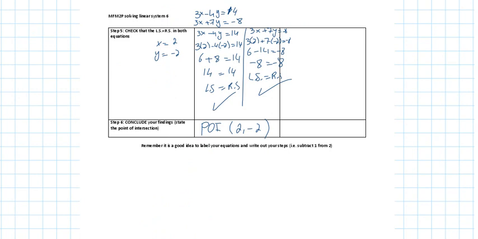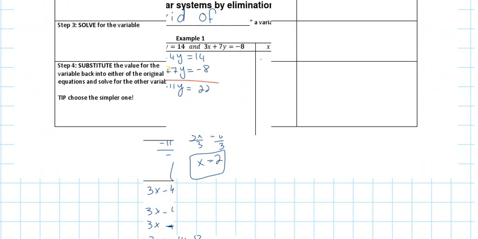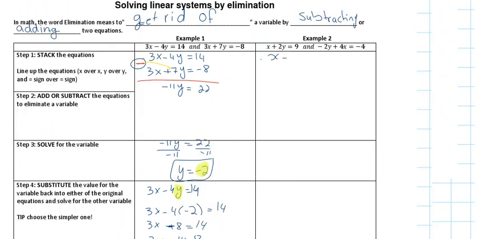So I have x plus 2y equals 9, and negative 2y plus 4x equals negative 4. Which variable would have the same coefficient? Let's first write them down under each other. I'll write the first one as x plus 2y equals 9.